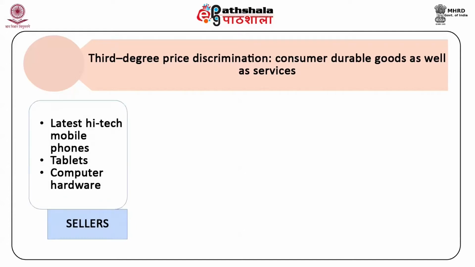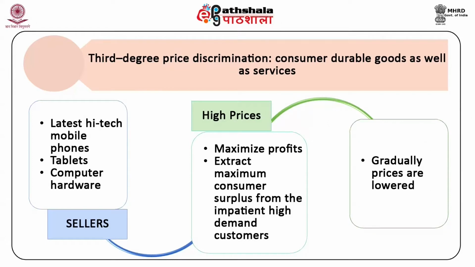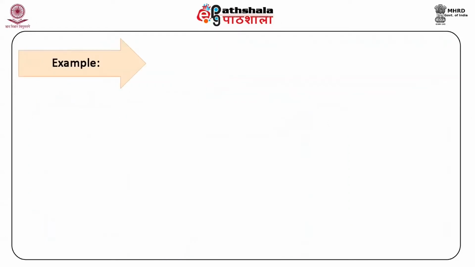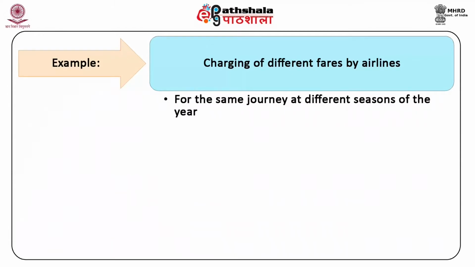Sellers of latest high-tech mobile phones, tablets, computer hardware, or any other kind of electronic devices typically start out with high prices in order to maximize their profits and extract maximum consumer surplus from the impatient high demand customers, and gradually prices are lowered. Another example of intertemporal price discrimination is charging of different fares by airlines for the same journey at different seasons of the year.